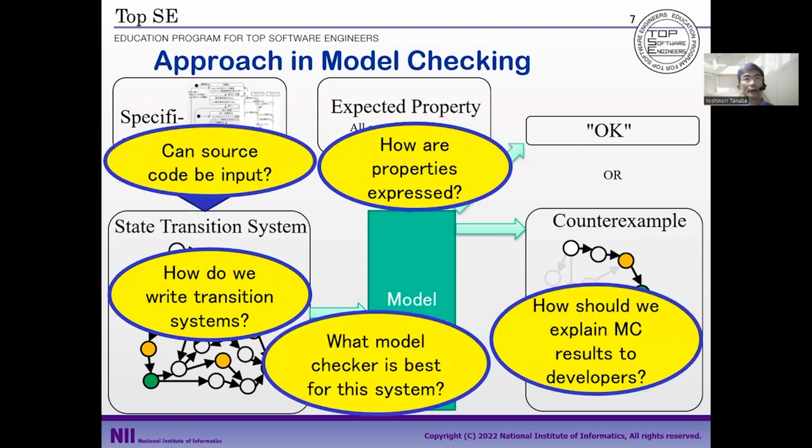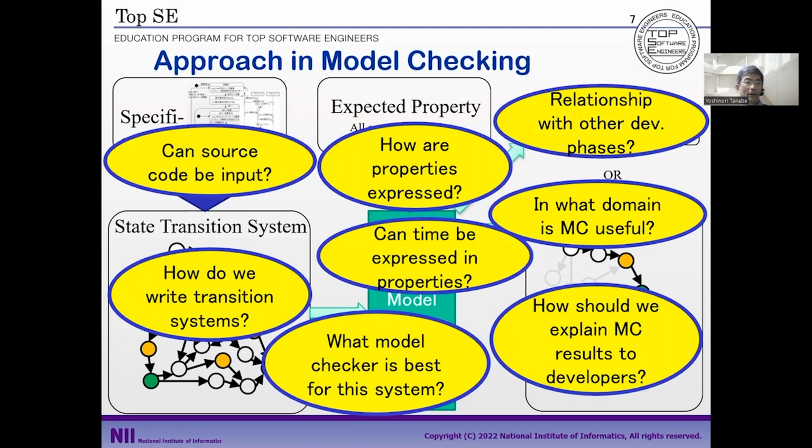Okay. The 6 courses of model checking in TOP-SE are designed so that students can get answers to such questions. And as a result, they can effectively utilize this technique in their development tasks.